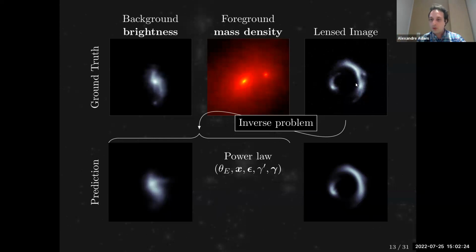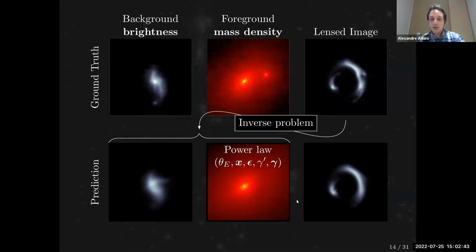Because it doesn't have the flexibility in its parameters to model this, it's going to change or deflect the source to kind of find the bump. And that's the best it can do in this case, in the sense of a chi-squared reconstruction, because you don't have the flexibility to model the subhalo.